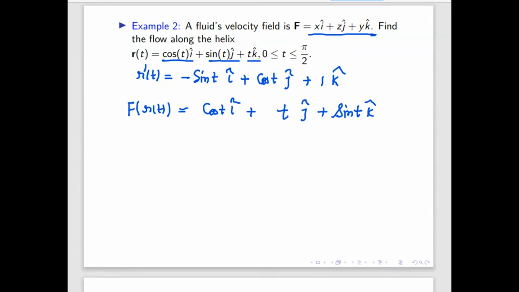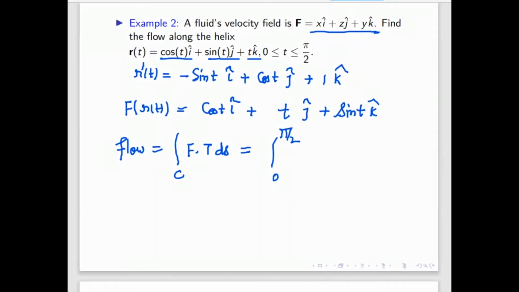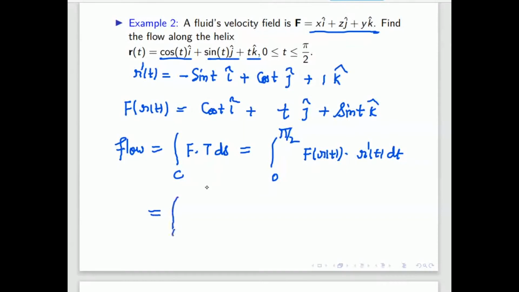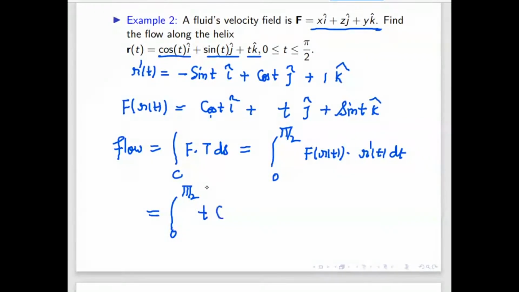So the flow in this case, according to the definition, is the integral of F dot T ds. So t runs from 0 to π/2 in this question. F at r(t), the same formula, r'(t) dt. So what is the dot product of these two? This will cancel out. It will give t cos t plus sin t.